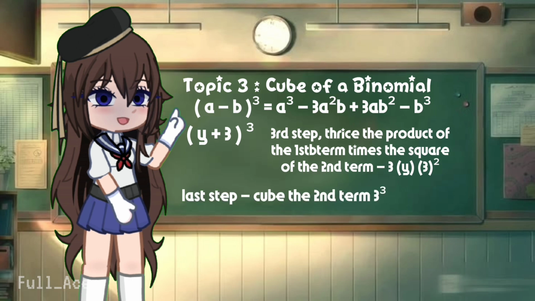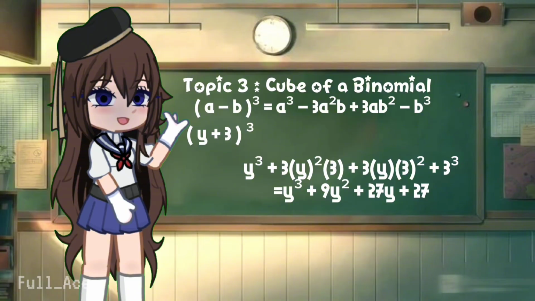Next step, cube the second term, 3 cubed. If you put it together, it would be y cubed plus 3 multiplied by y squared multiplied by 3 plus 3 multiplied by y multiplied by 3 squared plus 3 cubed. Your final answer would be y cubed plus 9y squared plus 27y plus 27.